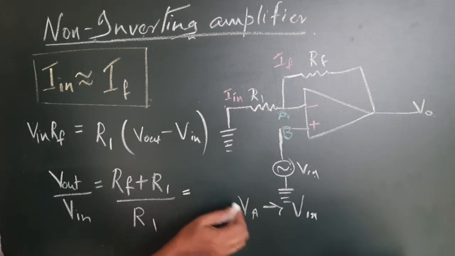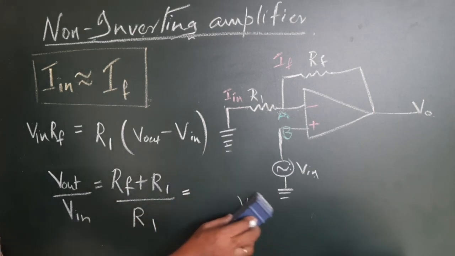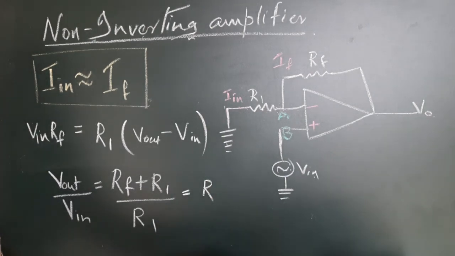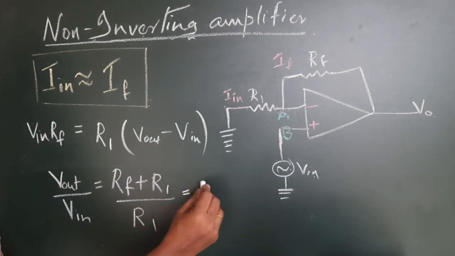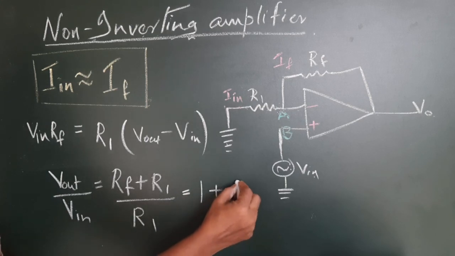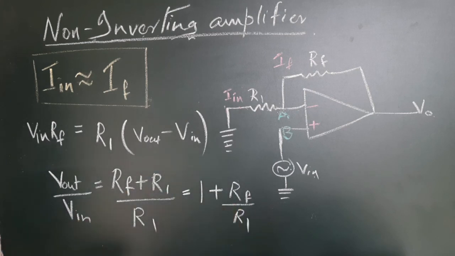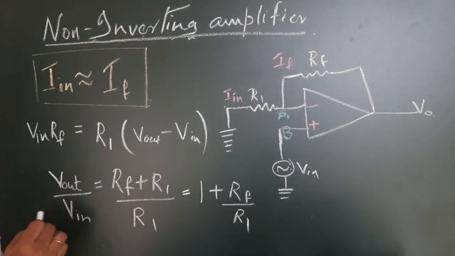And this is nothing but 1 plus RF by R1. So this is the final expression for gain V out by V in.